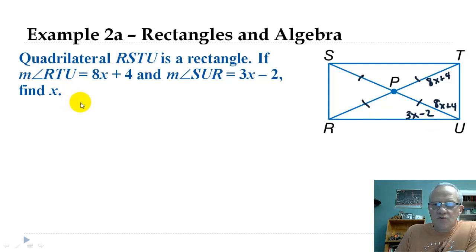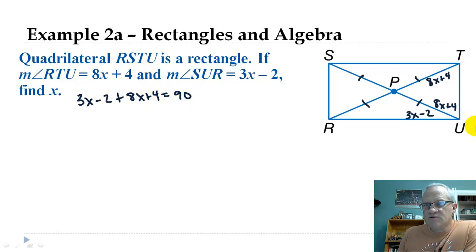Okay, so our equation that we're going to write here is what? 3x minus 2 plus 8x plus 4 equals 90. So we just add those two together to equal 90. Okay? Combine like terms, 3x and 8x would be 11x. 4 minus 2 is 2. And then we subtract 2.